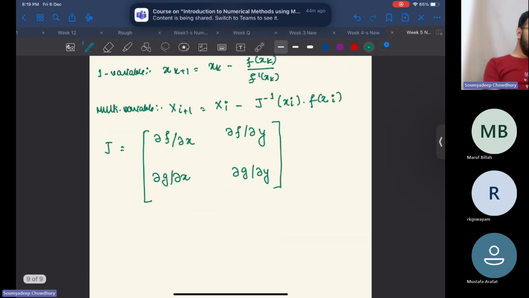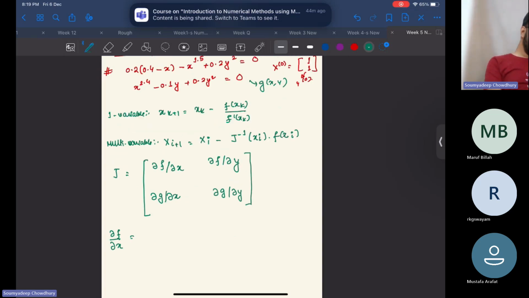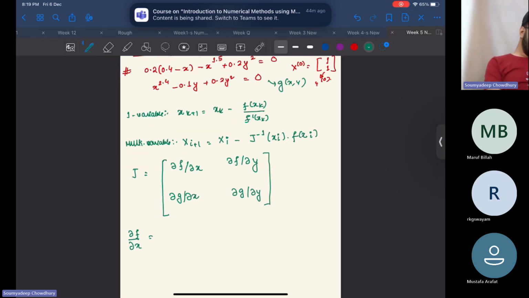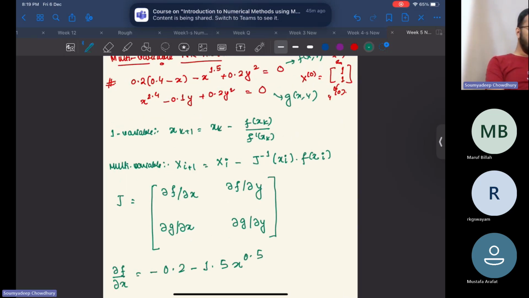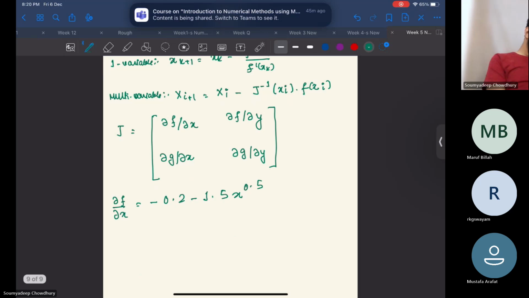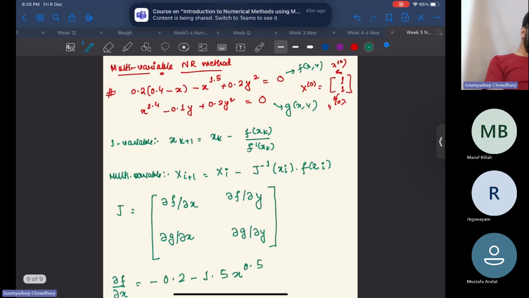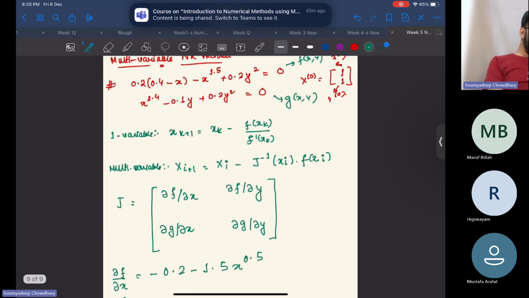So here if we try to find dou f by dou x of the first function, it will be basically minus 0.2 minus 1.5 x power 0.5 and the remaining terms are of y, right? I'm just differentiating this first equation with respect to x. Now if I find dou f by dou y, the first two terms are only of x, so they will be 0.